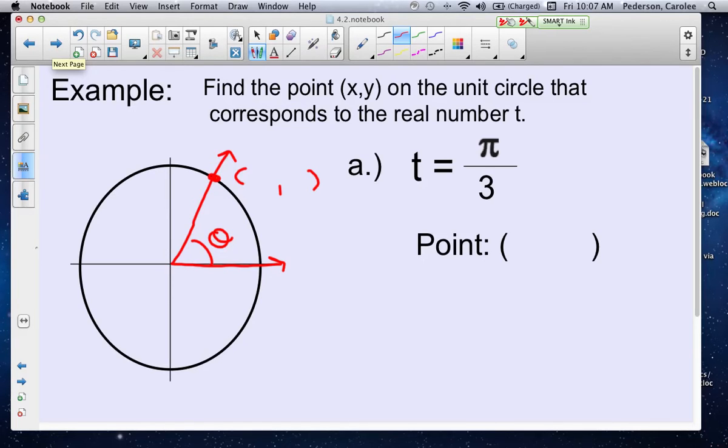Did you find it? Do you agree? 1/2 and square root of 3/2. Okay. Again, how they found those, you already have them on your worksheet. It's what they bring there.